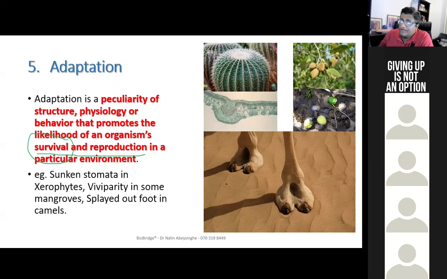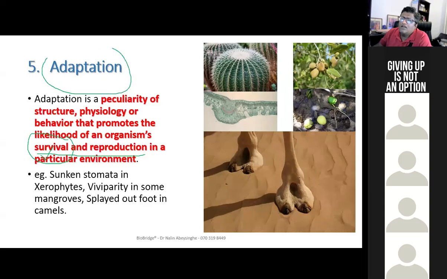If you can survive, then the other thing is you have to reproduce. Organisms have to produce their progeny. They have to produce their children, or their next generation. So for those things, there are certain peculiarities of their function or structure or behavior.